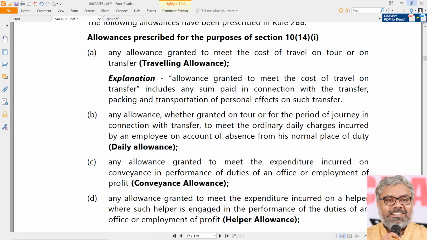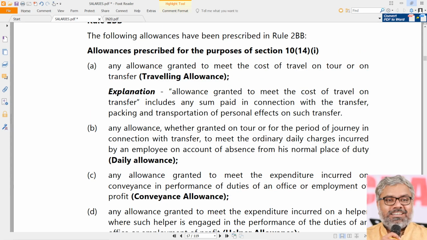So Rule 2BB specifies certain things like these, which are all exempted for the purpose of 10(14)(i). So always 10(14)(i) means we have to keep in mind these allowances are broadly given generally for the purpose of meeting official obligations of employee.